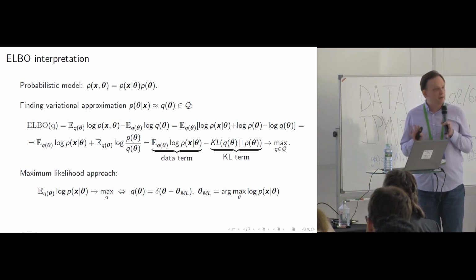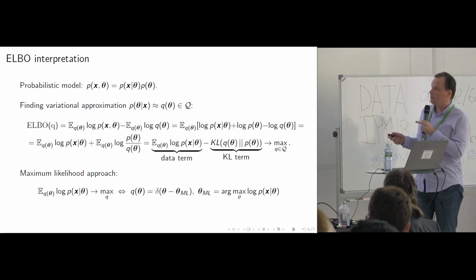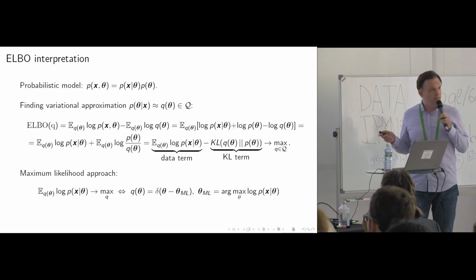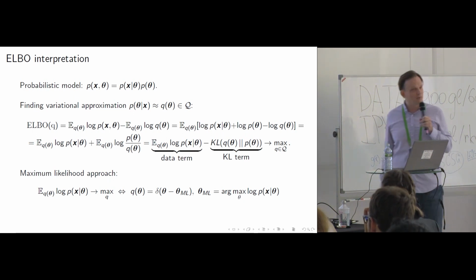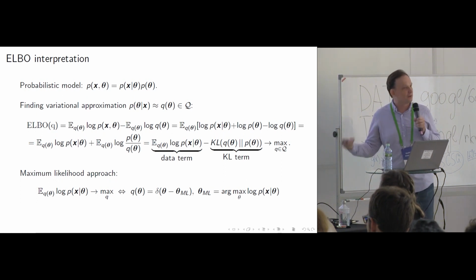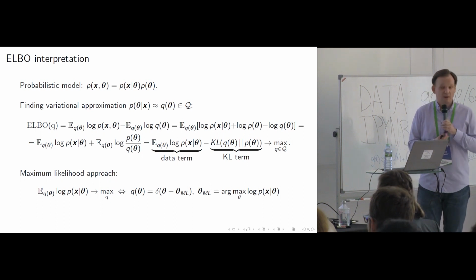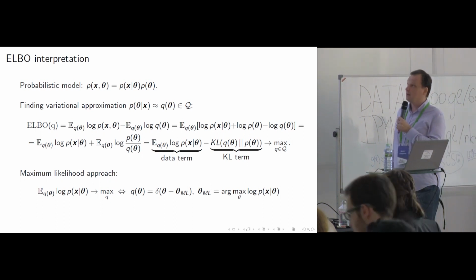So here we make a kind of a compromise in finding Q. We want to find the Q that simultaneously good explains our data and not far from our prior distribution, from our previous knowledge about this setup from previous experiments. So this is rather a reasonable idea.